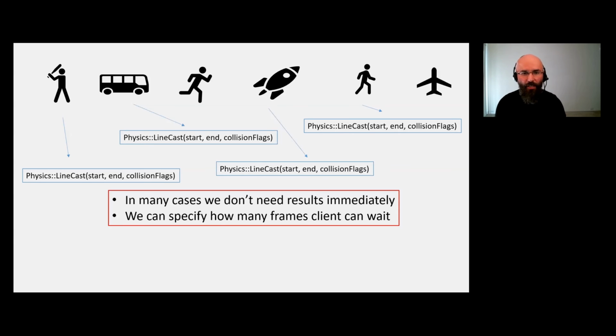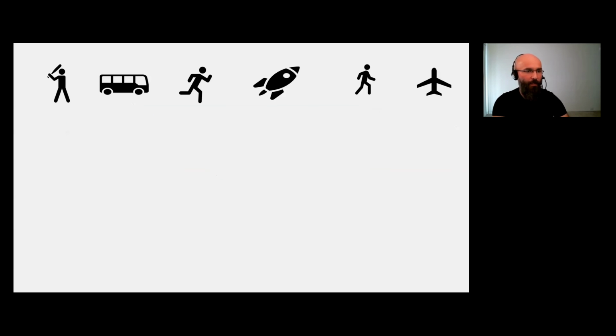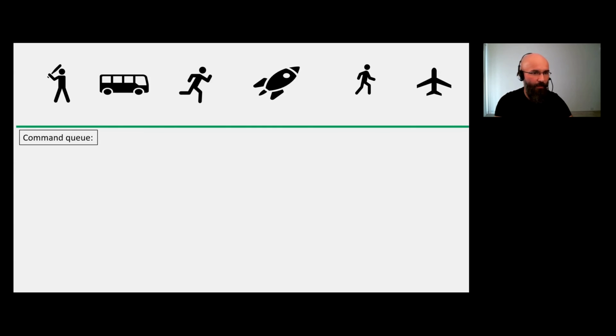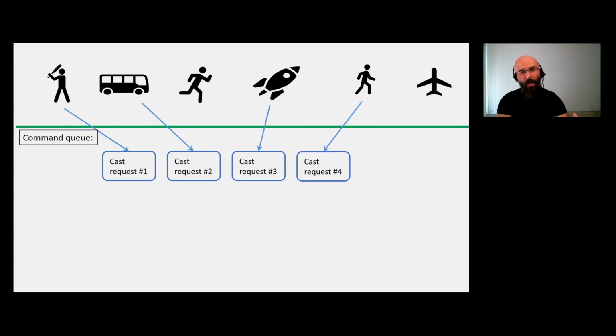Because in most cases, results are not needed immediately, but they can wait 1 frame, 2 frames, or even maybe 5 frames for results. And what I want to do here is collect all requests for physical casts in my command queue. All of them, I just gather and collect just the requests. I'm not executing any casts yet.